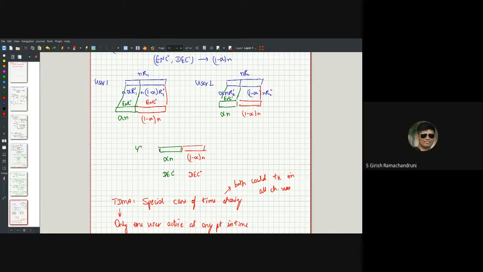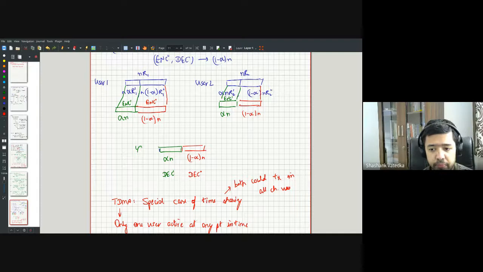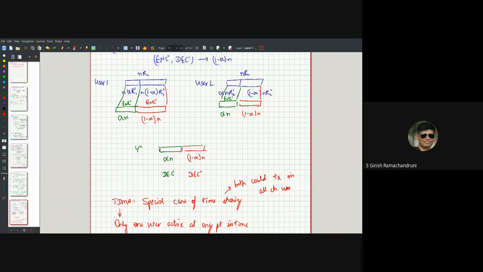Sir, my understanding of synchronization, or what I want to ask, is: let's suppose user one is transmitting, and he forms a part of alpha users, and then he is transmitting using encoder one. And when it comes to the decoding part, let's suppose that particular decoder is not a dedicated decoder for this particular user.